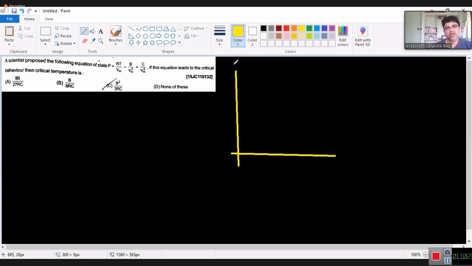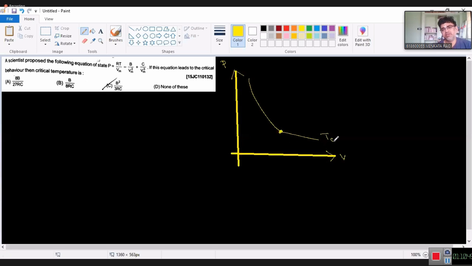If you draw the graph between pressure and volume, I think we got something like this. Liquid and gas can coexist only at this particular point, the critical point.